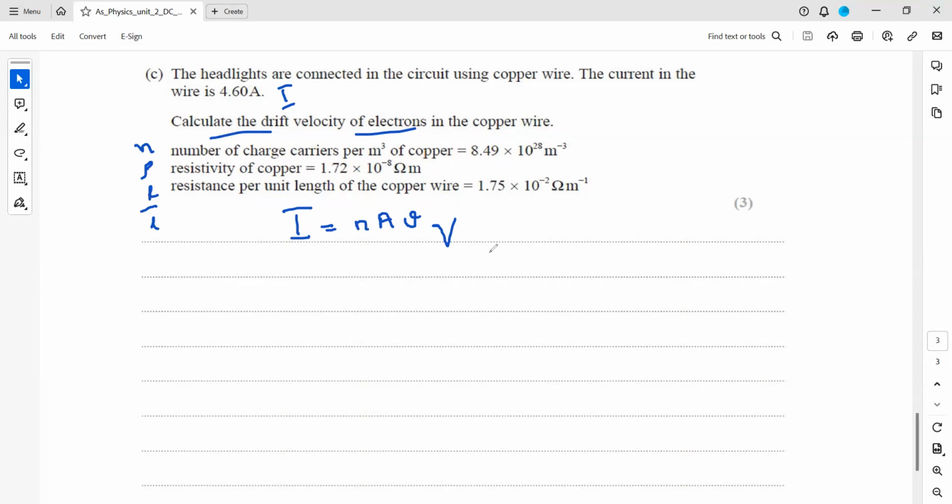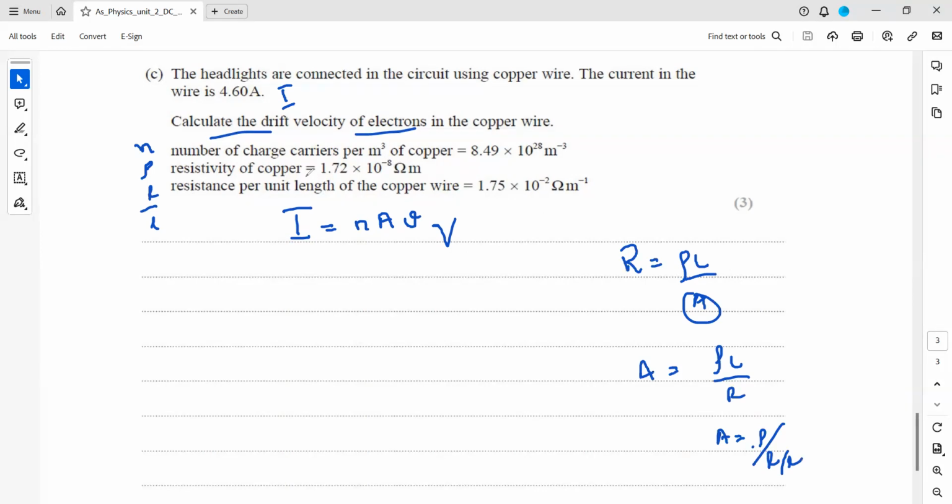For the area, we have the formula R equals rho L by A. So if we need the area, area is equal to rho L divided by R. And if we simplify further, area is equal to rho divided by R over L.